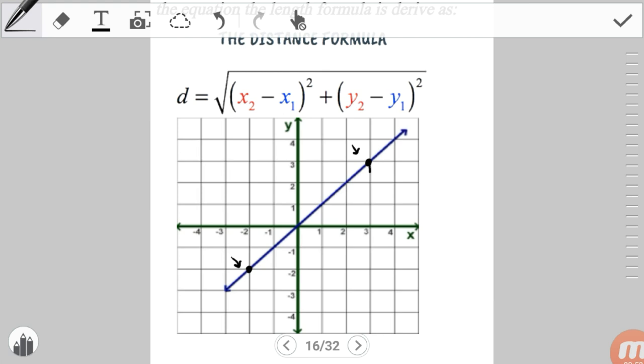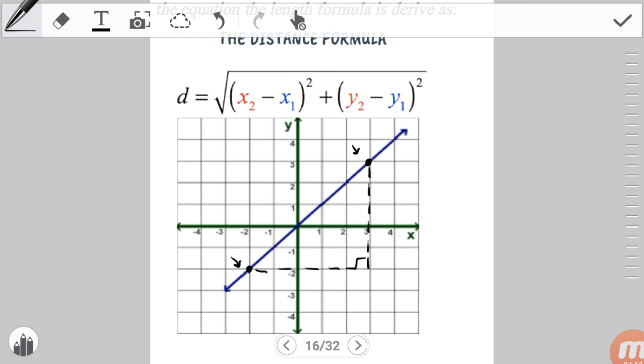So I would create a right angle triangle. Here, and I would also connect, I think I went a bit too far. All right, here we go. And then I would come like here. So I would create a right angle triangle.